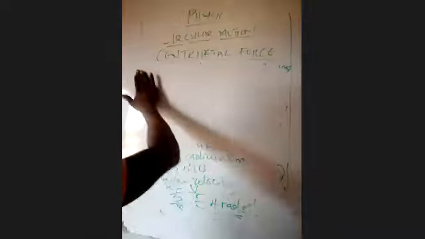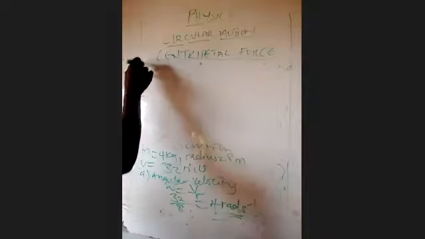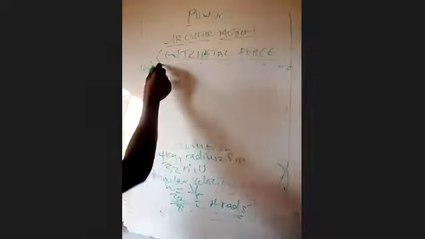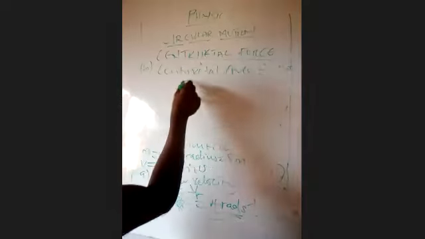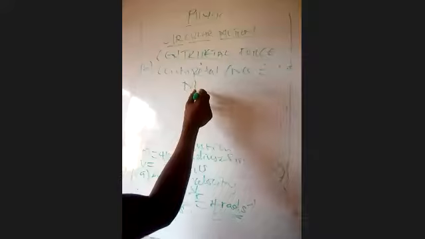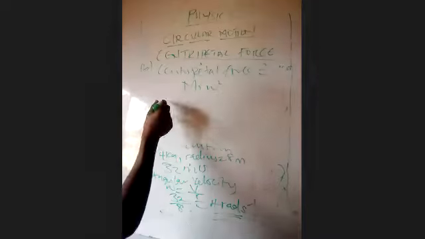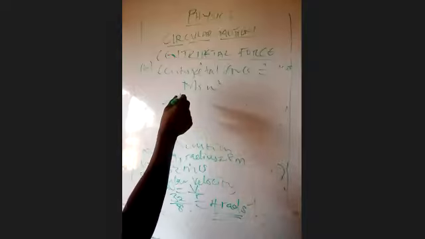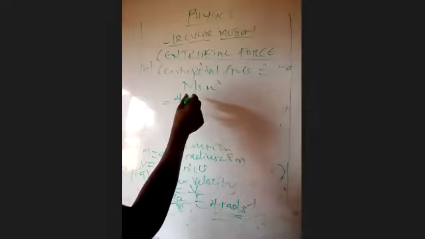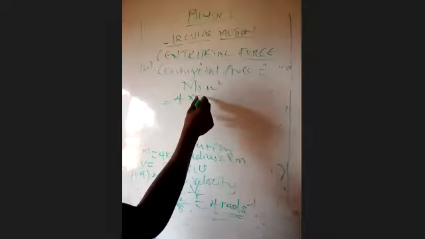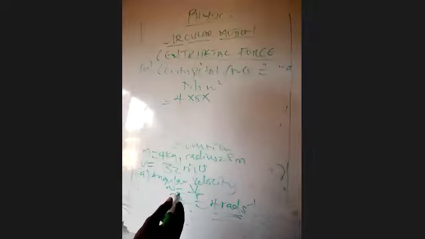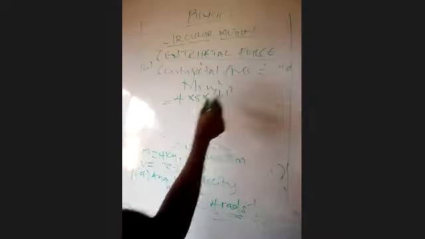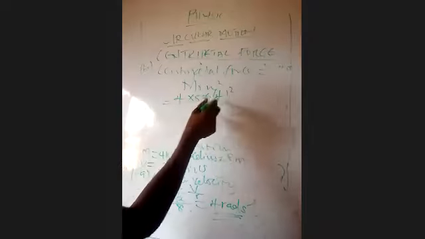Let's now calculate the centripetal force, which is B. Centripetal force is equal to mRW squared, which is equal to, our mass, 4, according to the question, times radius, which is 8, times W, which is 4, raised to power 2. 4 times 4 will give us 16.